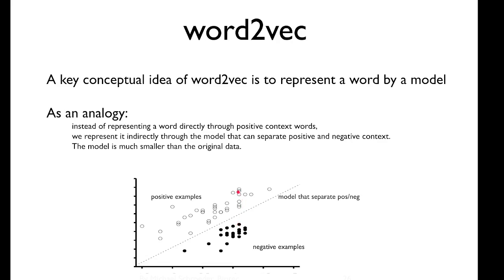So instead of representing our word by all of these billions of data points, we just represent it by the model that is separating the positive examples from the negative examples. And so the model is a very compact representation of an aspect of the word. And that is the basic idea behind word2vec.